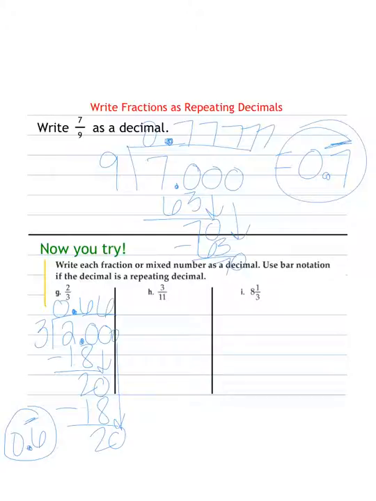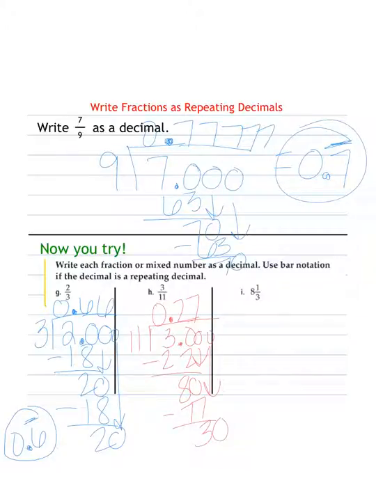3/11. Let's get a different color. 3 divided by 11. So add my decimal and my 0. 11 can't go into 3, but it can go into 30 2 times. So 2 times 11 is 22. 30 minus 22 is 8. Bring down my 0. Goes into it 7 times, so 7 times 11 is 77. 80 minus 77 is 3.